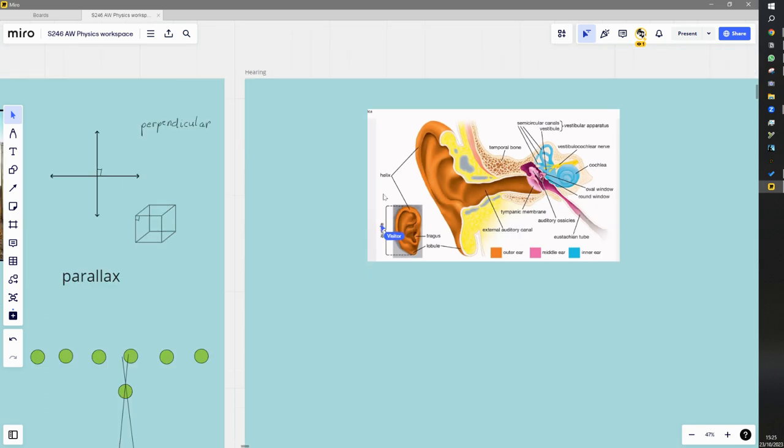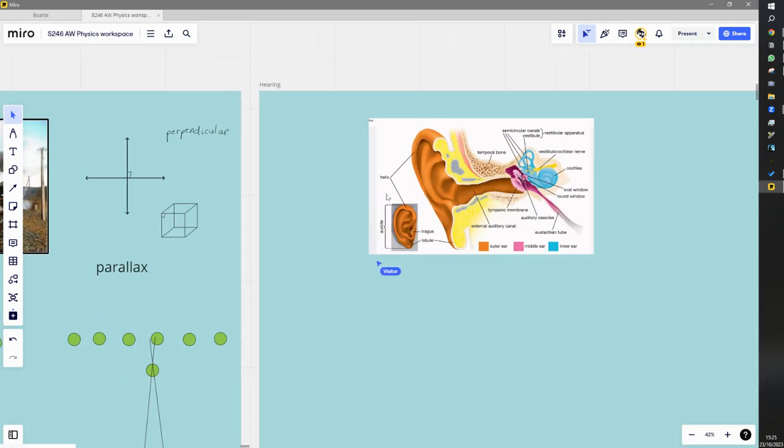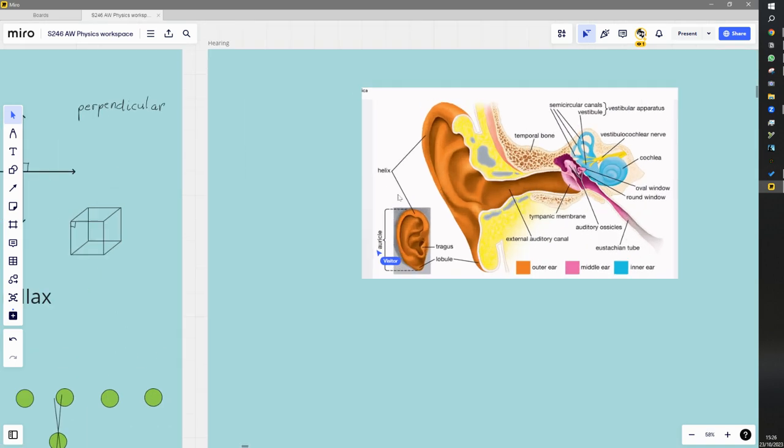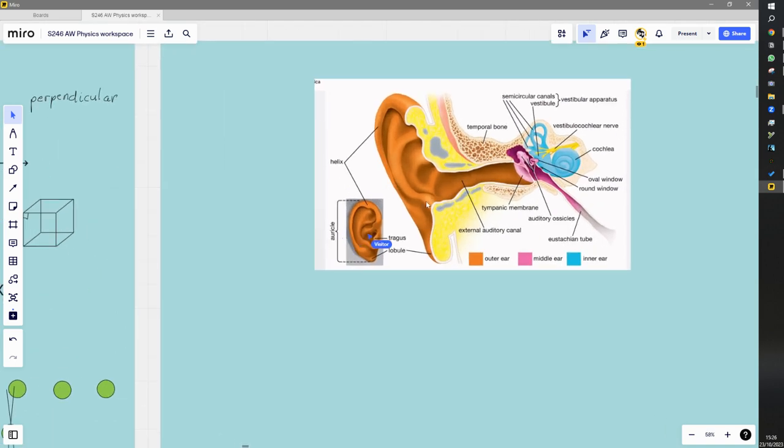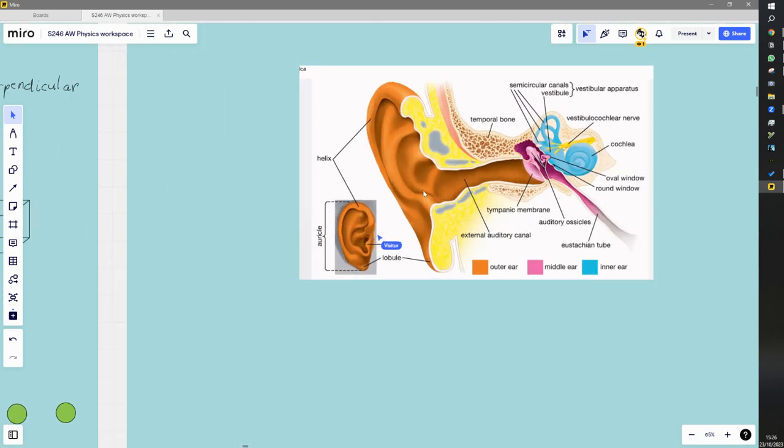We might not talk about exactly what a wave is, but in terms of sound, it is nothing more than vibrations, usually vibrations in the air. Vibrations are passed from the air in our surroundings into the air that's in our canal, and those vibrations make the tympanic membrane, otherwise known as the eardrum, vibrate.